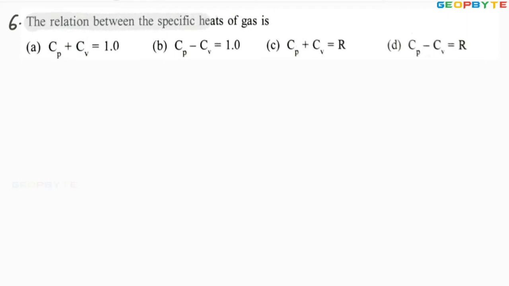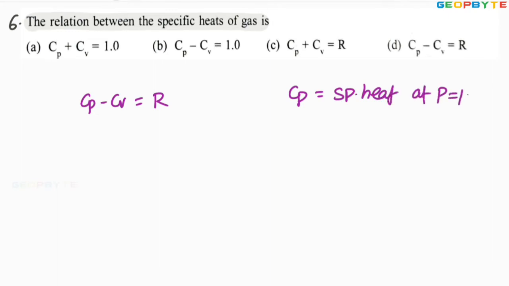The relation between the specific heats of gas is, dear friends, you know Cp minus Cv is equal to R, where Cp is the specific heat at constant pressure, Cv is the specific heat at constant volume, and R is the gas constant.